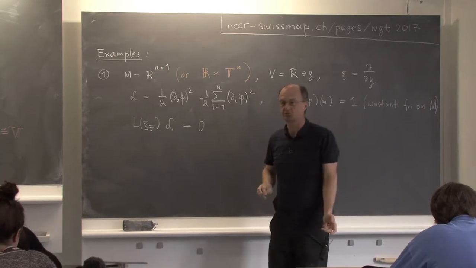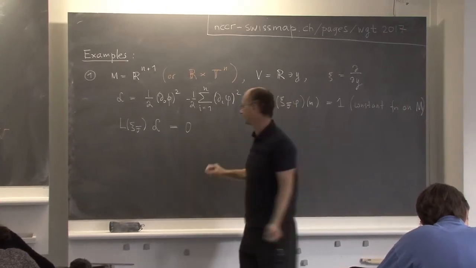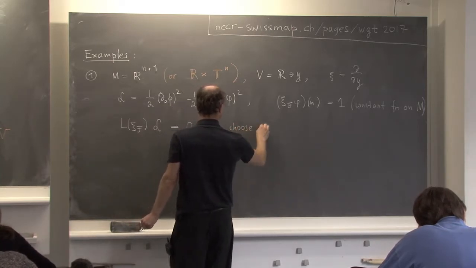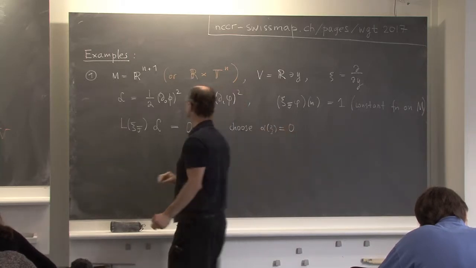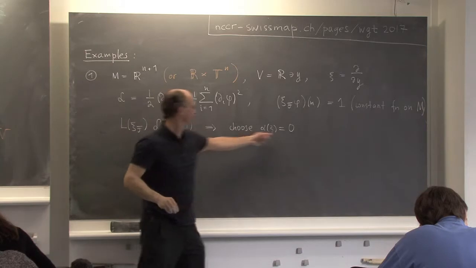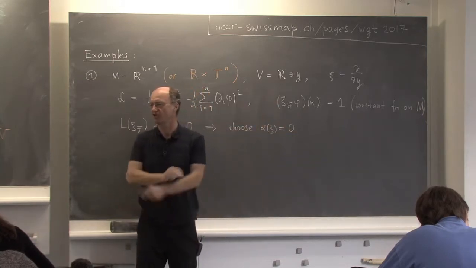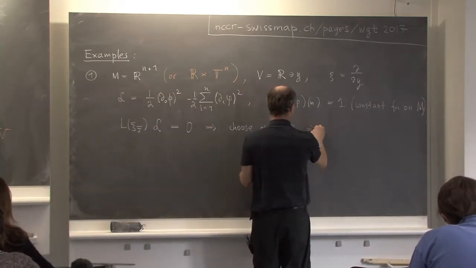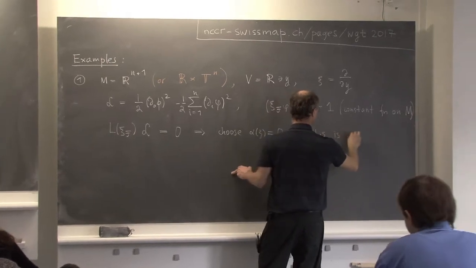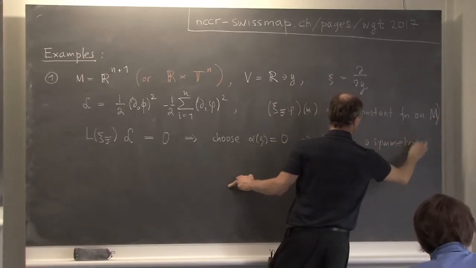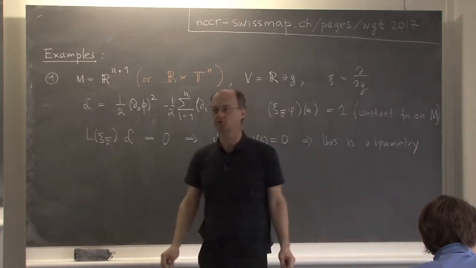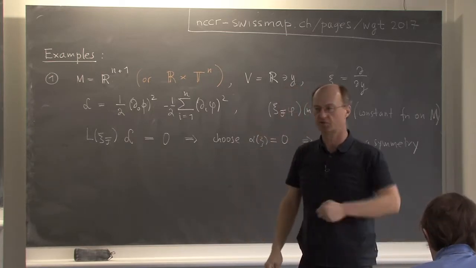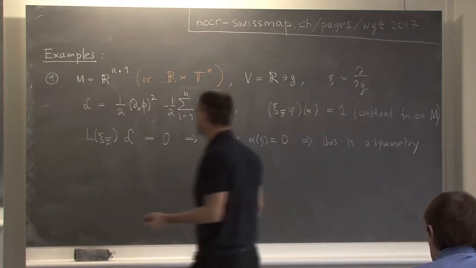So this is actually simply 0. This means that I can choose alpha of psi equal to 0. Remember, there was this whatever unpleasant story of alpha of psi. Now, okay, alpha of psi is simply 0, and I also conclude that this is a symmetry. This is a very simple symmetry, but this is a symmetry. So nothing happens to the Lagrangian when we apply this vector field. The Lagrangian does not change.